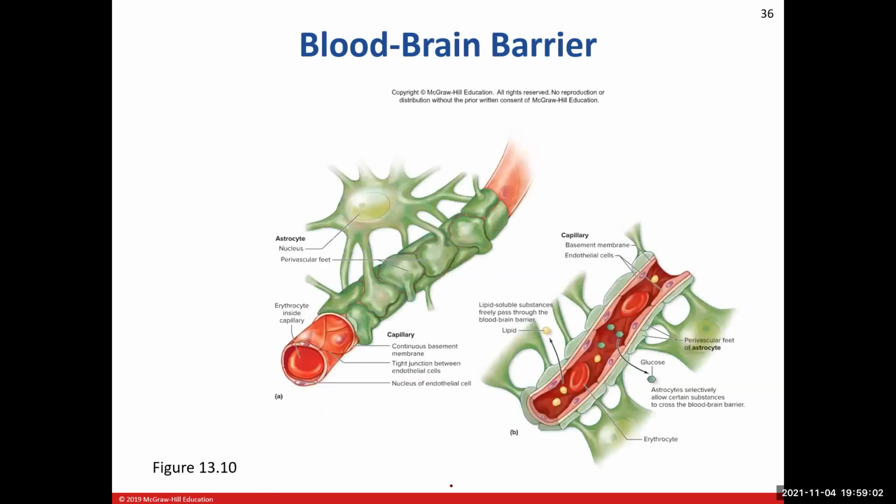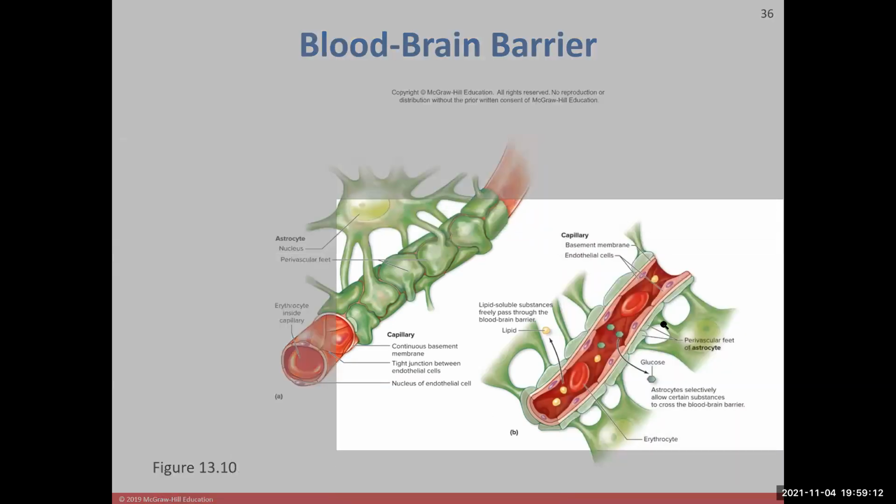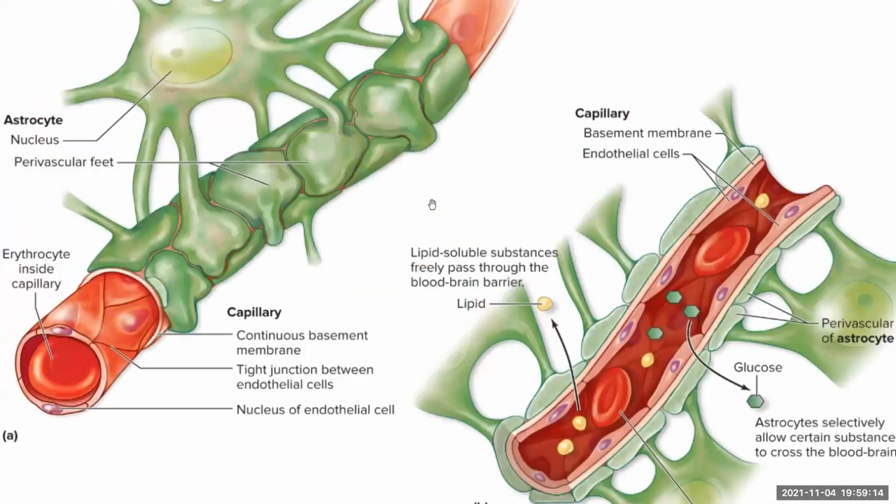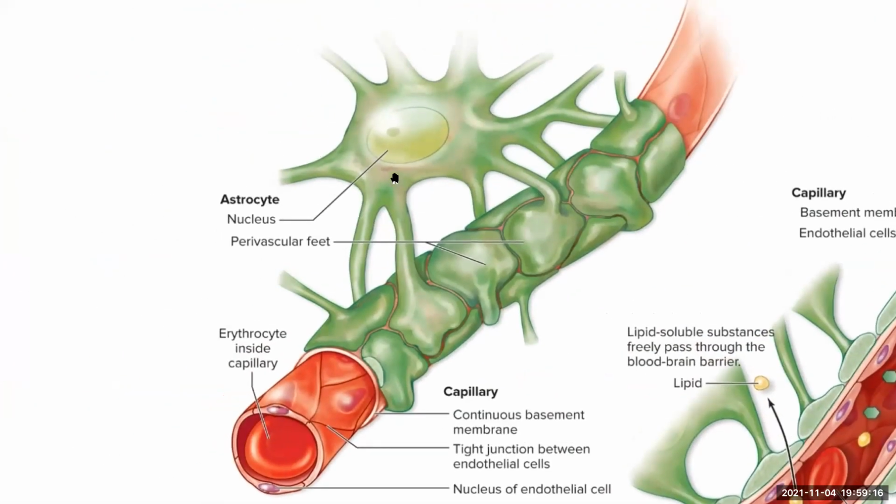So here we can see our drawing of the blood-brain barrier. Let's zoom in over here. Let's look on the outside first. Here's our glial cell, our astrocyte, with its perivascular feet coming off the extensions here, and it's just covering the capillary.